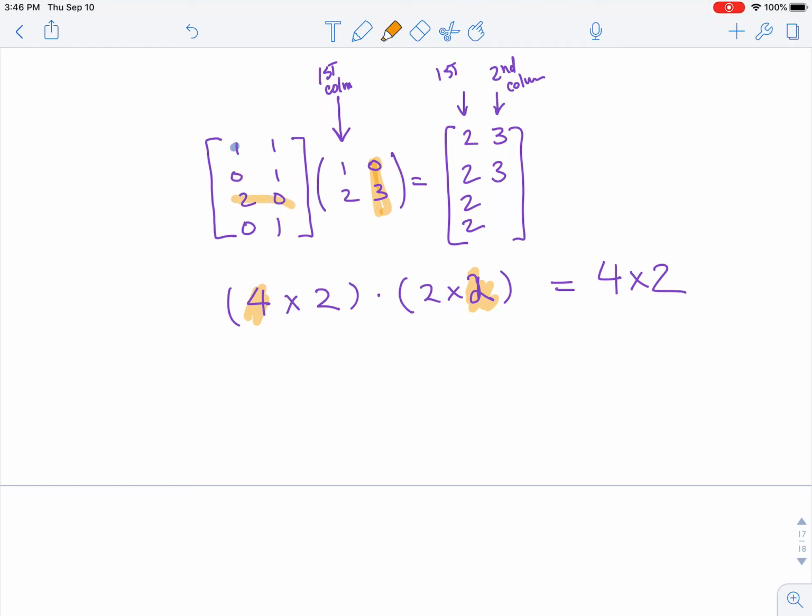If I multiply this one and this one, I'm actually going to get 0. And if I multiply this one and this one, I'm going to get 3. Okay. And so I'm going to do a few more examples of this so we can see the pattern. But basically what we're doing is we're just multiplying rows and columns to get our entries.